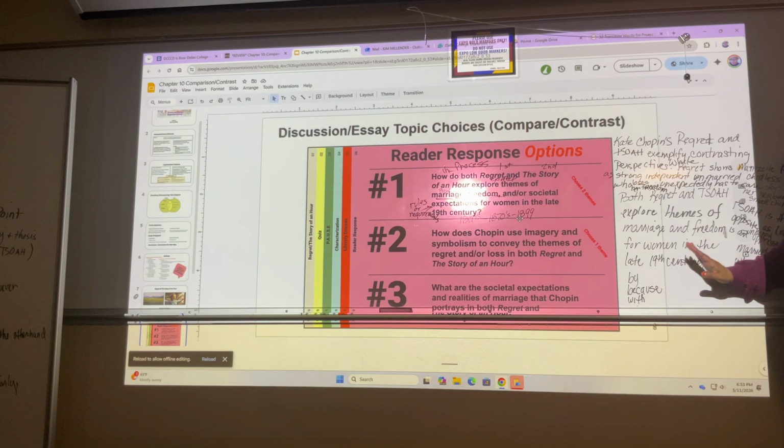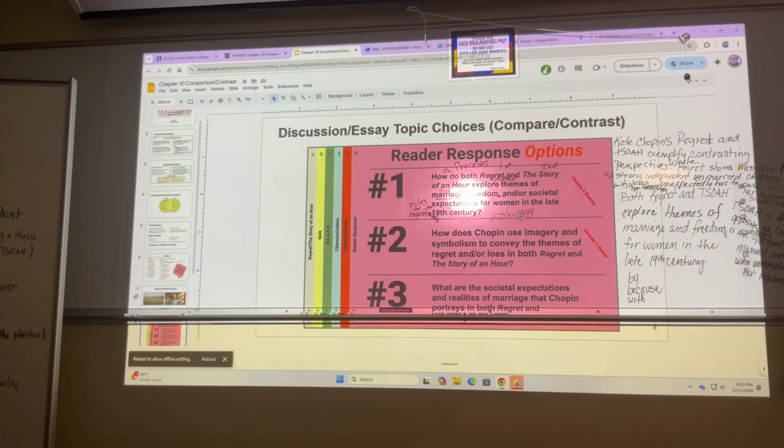You do by comparing to explore themes, both Regret and TSOH explore themes of marriage and freedom for women in the late 19th century by comparing or contrasting, right? You would choose that because it compares or contrasts. But what are your points that you're trying to make? This is where you have to find your points.